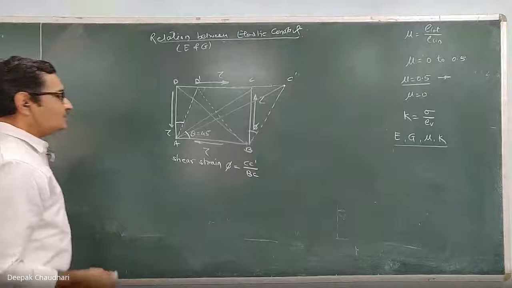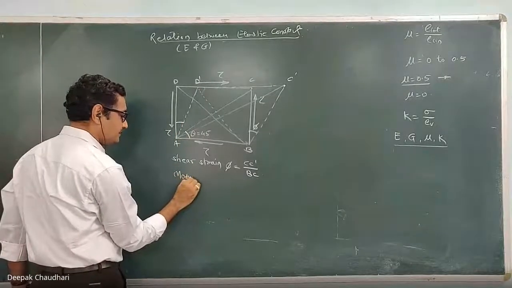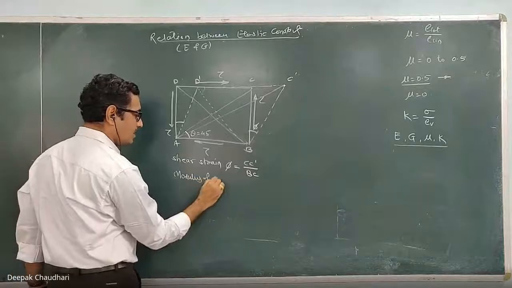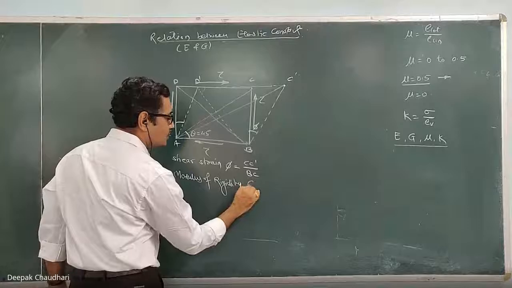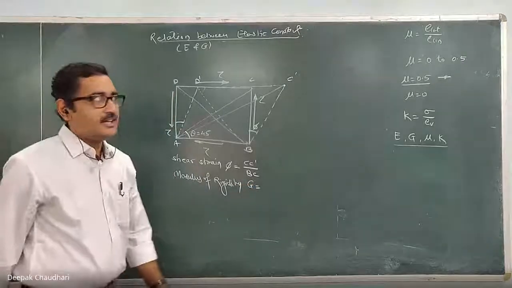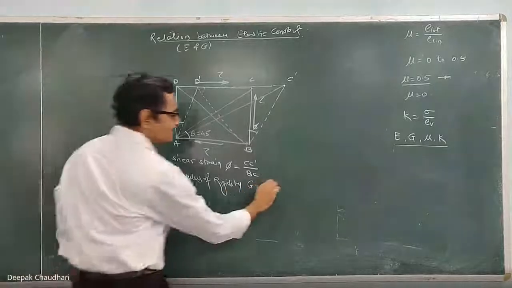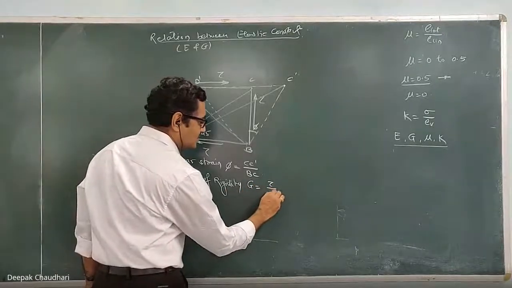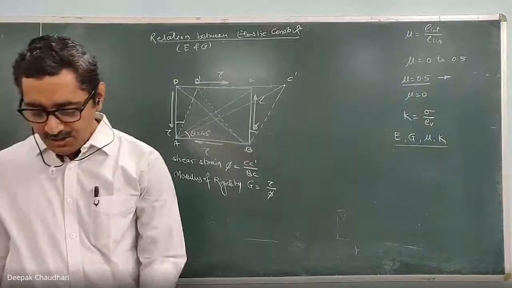Now we know that for this material, the modulus of rigidity G is the shear stress to the shear strain. I told you that modulus of rigidity is the shear stress to the shear strain.